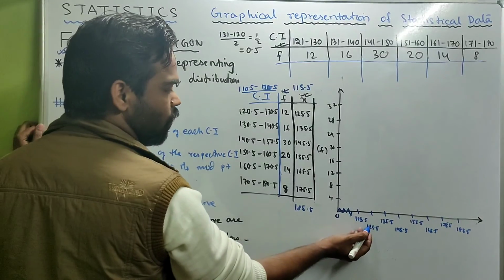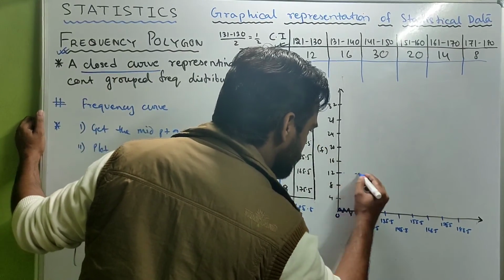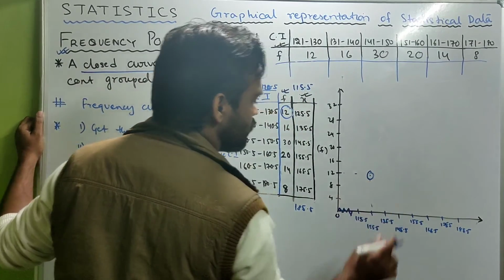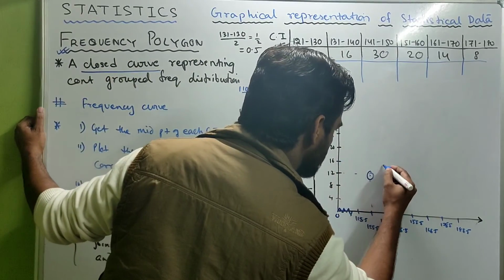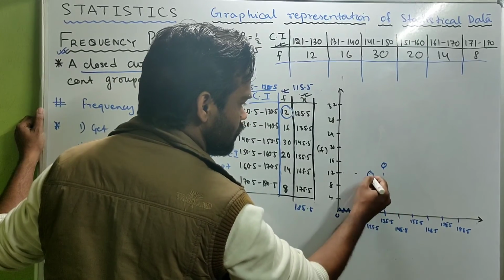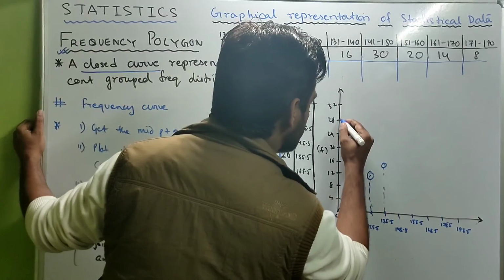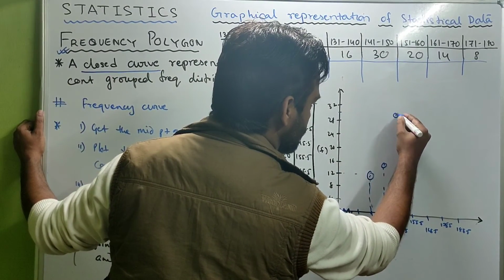Now corresponding to 125.5, the frequency is 12. So 12 is somewhere over here. Corresponding to 135.5, we have 16. So 16 is over here. Corresponding to 145.5, we have 30. So 30 is somewhere over here in the middle. I'll mark it over here.